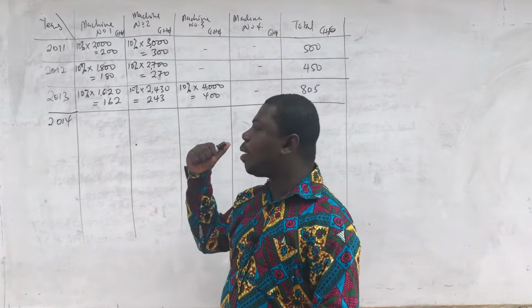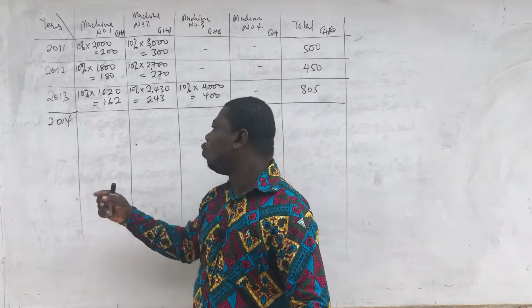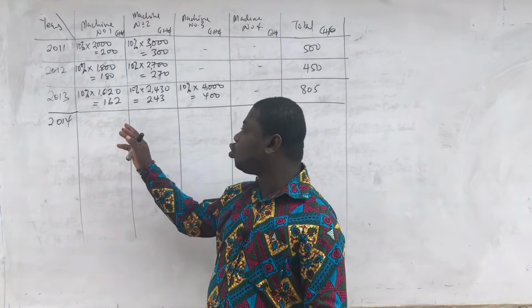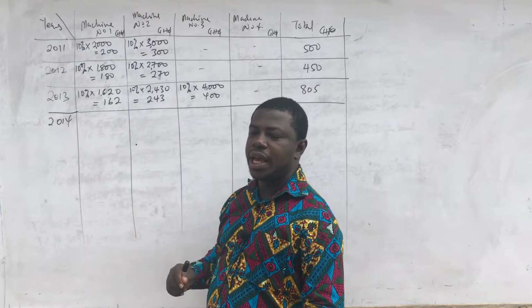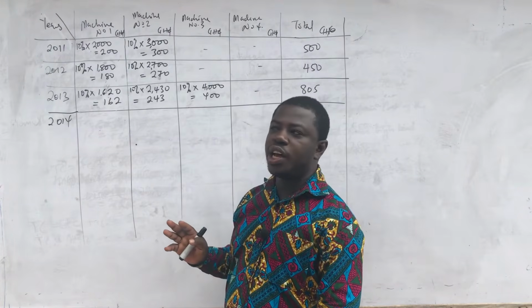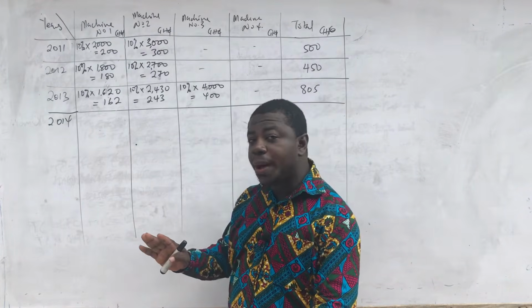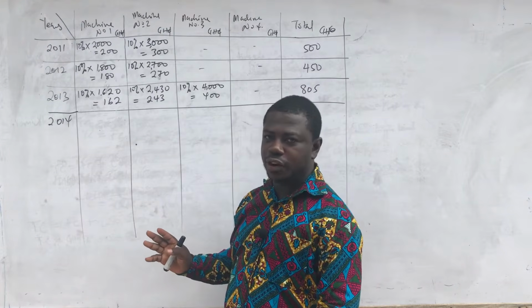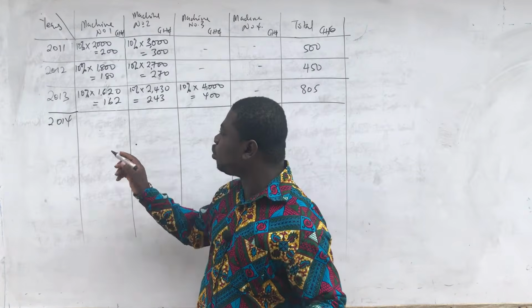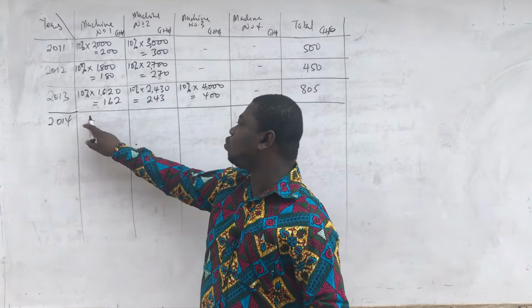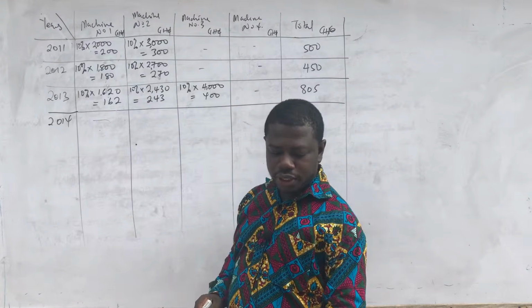So if it was a 1-month ownership basis we were using, we would have calculated the depreciation for the period that it was used. But we are told that no depreciation in the year of disposal. So even if you use this for the whole year and you sold it, do not calculate depreciation for that. That is the principle. And so in 2014, there will be no depreciation for machine number 1 because it was sold. That is the meaning.